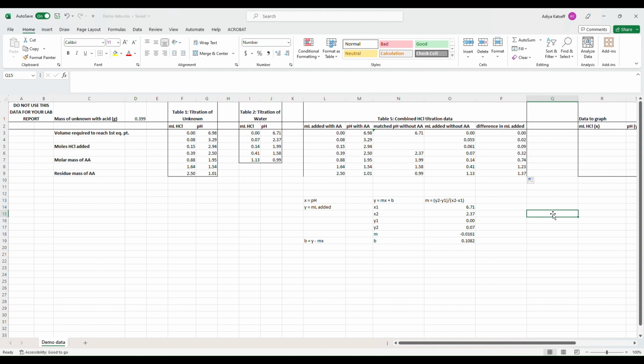So to get a better concept of what that's going to be, let's go look again at our picture from our PowerPoint. So right now we're kind of looking at the left half of this graph, right? We're looking at the mils of HCl that we added. And to make Excel happy, when we graph together our HCl data and our NaOH data, we're actually going to make all of our HCl's added negative numbers.